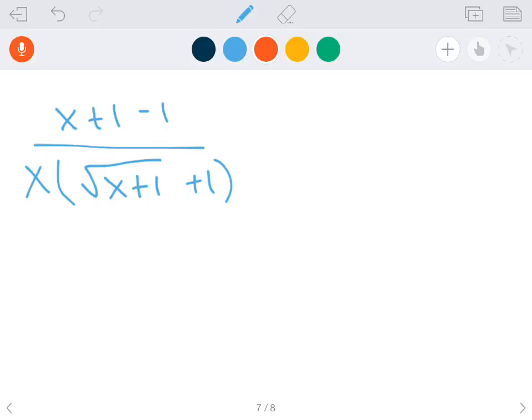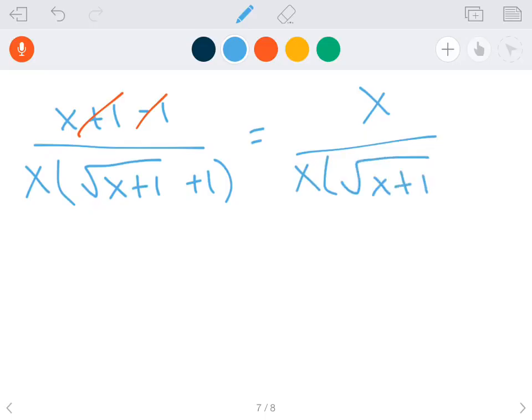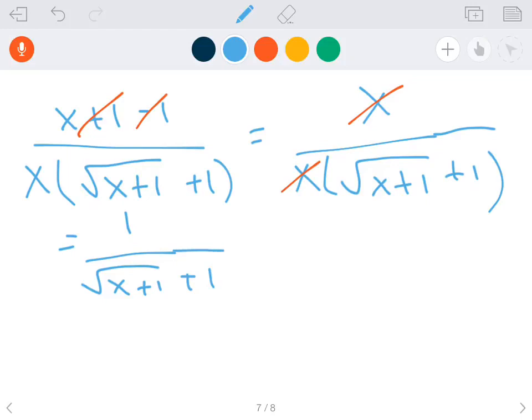And now my 1's cancel out. And I'm left with x over x times the square root of x plus 1 plus 1. And look what happens. The x cancels the x on the bottom, and I am left with 1 over the square root of x plus 1 plus 1.